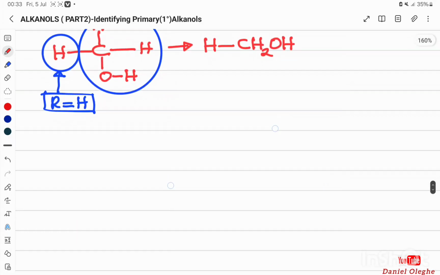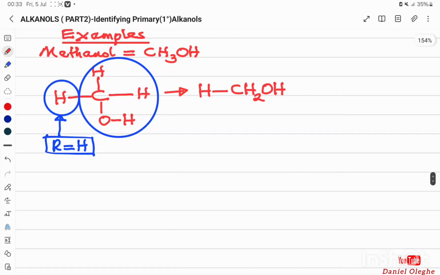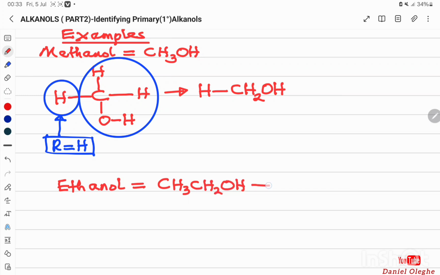Let's consider another example. Another example is ethanol. Ethanol is a primary alkanol, and that is represented by CH3CH2OH or C2H5OH.